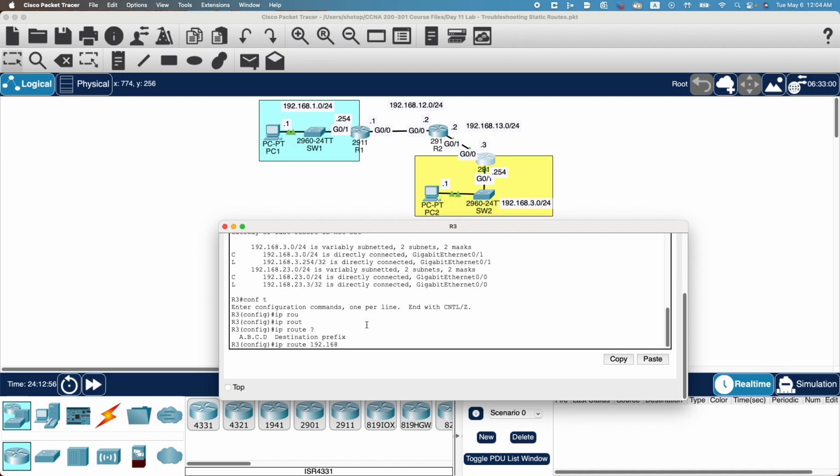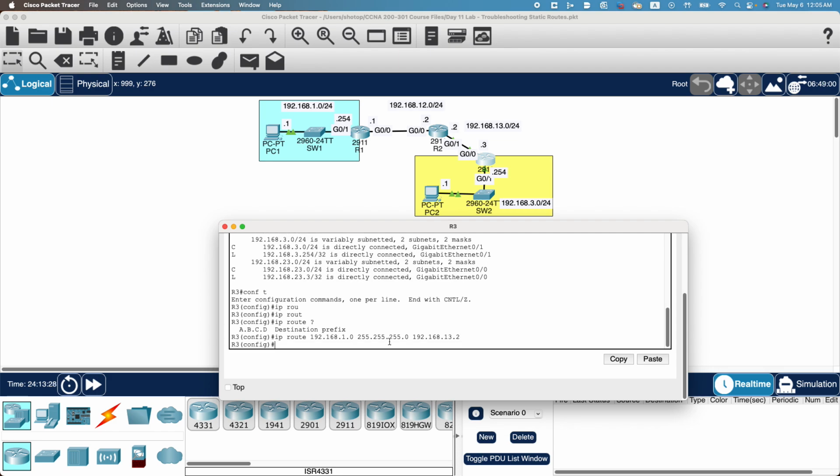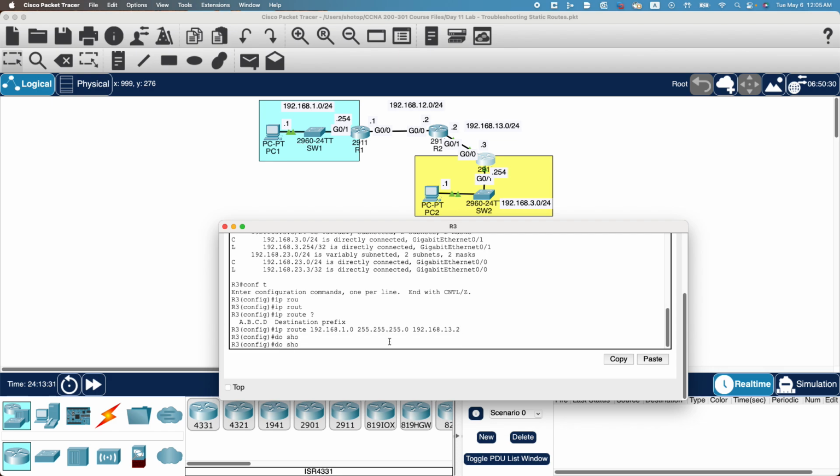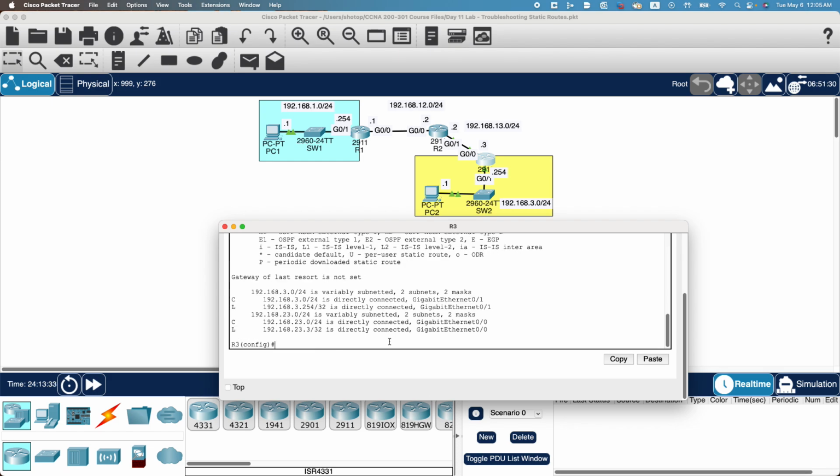I've got to confirm that I did that correctly on router 2. 192.168.1.0, 255.255.255.0 is our /24 network mask, and that's going to go via 192.168.13.2. And then I'm going to do show ip route.